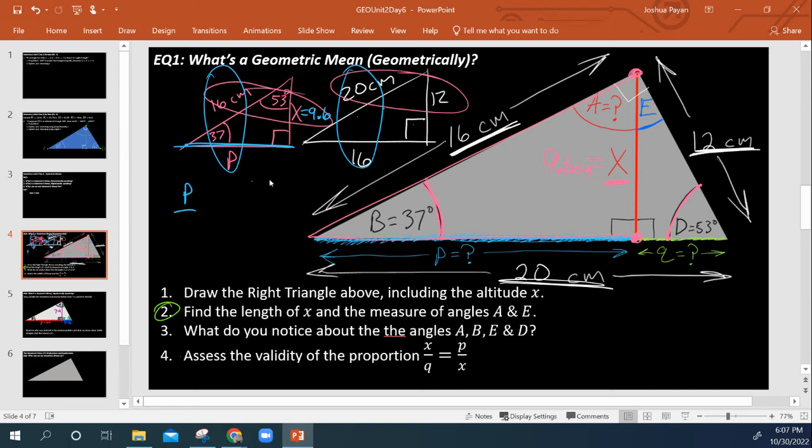So I'm going to say P is to 16, so that's long leg to hypotenuse, and likewise, long leg to hypotenuse. We can reduce that by 4 again, so 4 over 5. We end up with P is 64 over 5 after the cross multiplication, which as a decimal is 12.8. So this missing side right here is 12.8 centimeters.